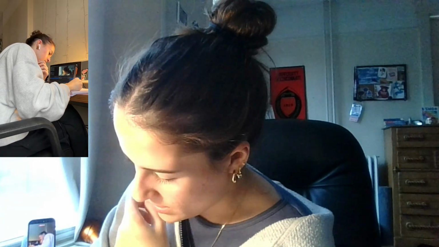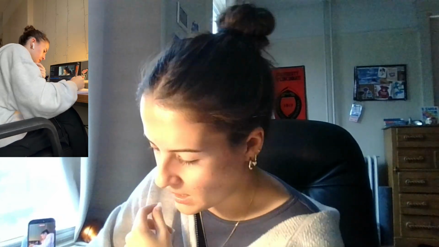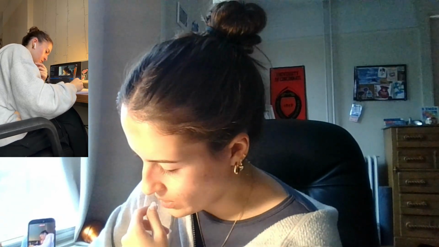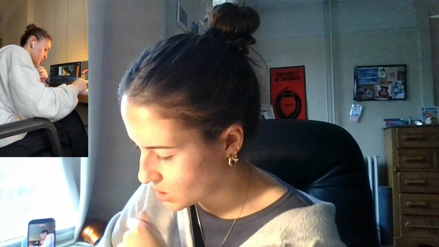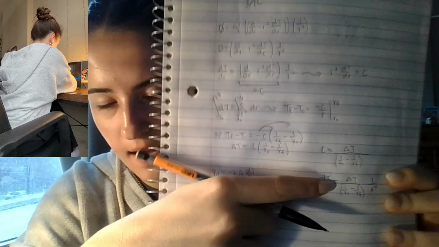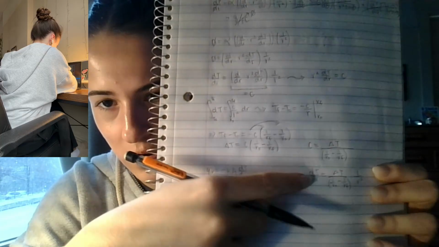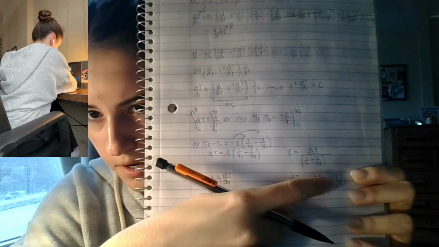So now that we have that constant, we can say that dT over dr is equal to our constant, delta T over 1 over r naught minus 1 over rf, times 1 over r squared. Because we have to move that r squared back to this side, to get dT/dr equals the constant that we found right here times 1 over r squared.